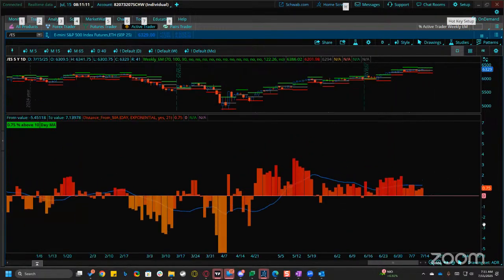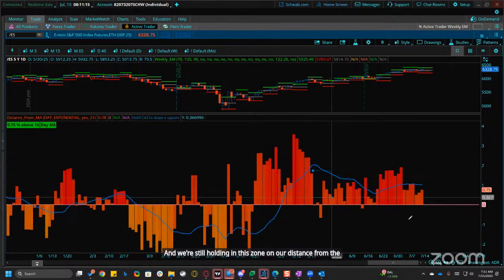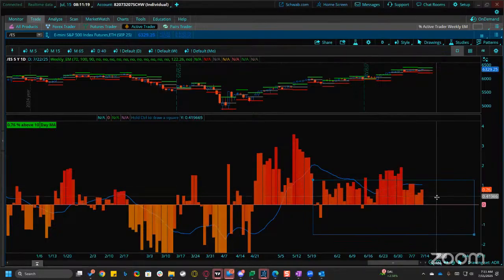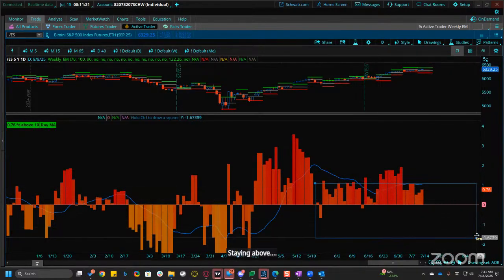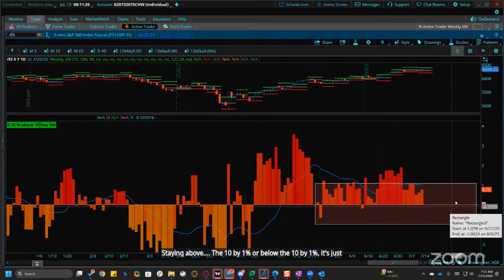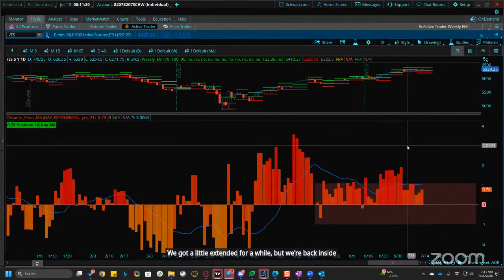And we're still holding in this zone on our distance from the 10-day. Staying above the 10 by 1% or below the 10 by 1%, it's just a good place to be. We got a little extended for a while, but we're back inside the box and it's fine.